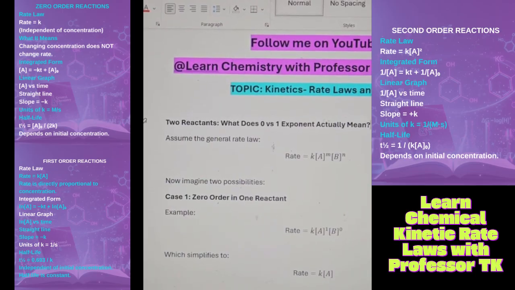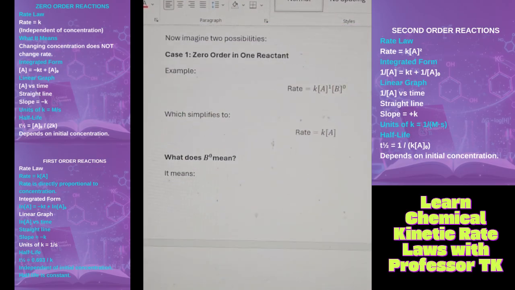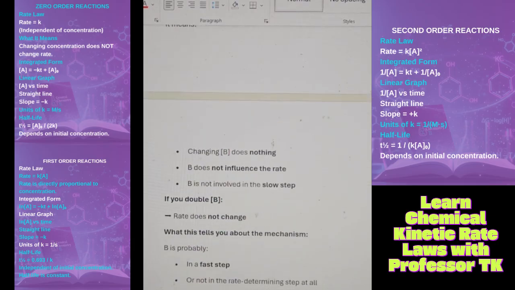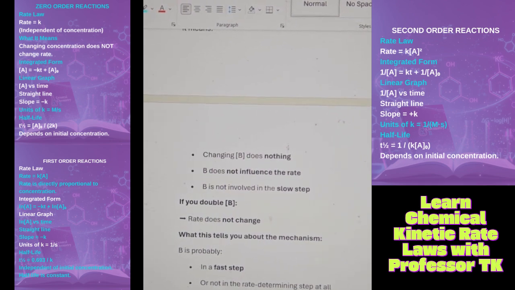So you're just going to write down the reactant that remains. So what does B to the 0 actually mean? Here's something that you all can think about. Changing B does nothing. It doesn't influence the rate and is not involved in the slow step. And we talked about rate mechanisms yesterday when we did several examples about that.